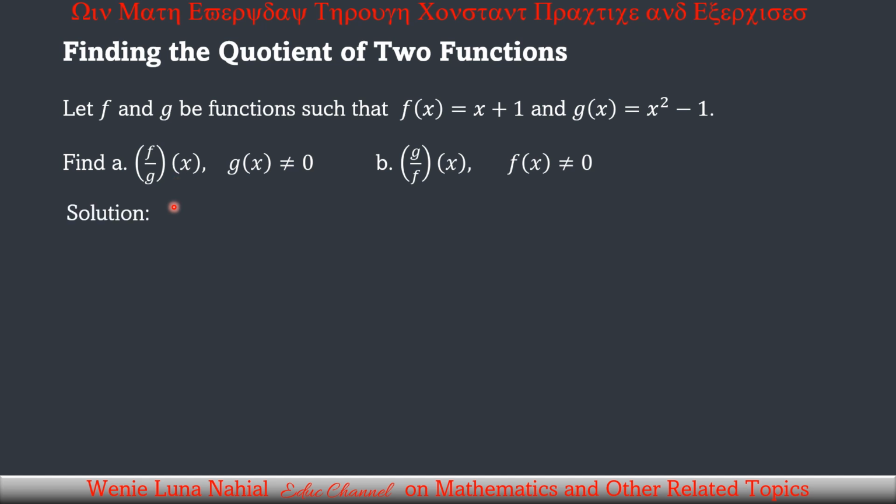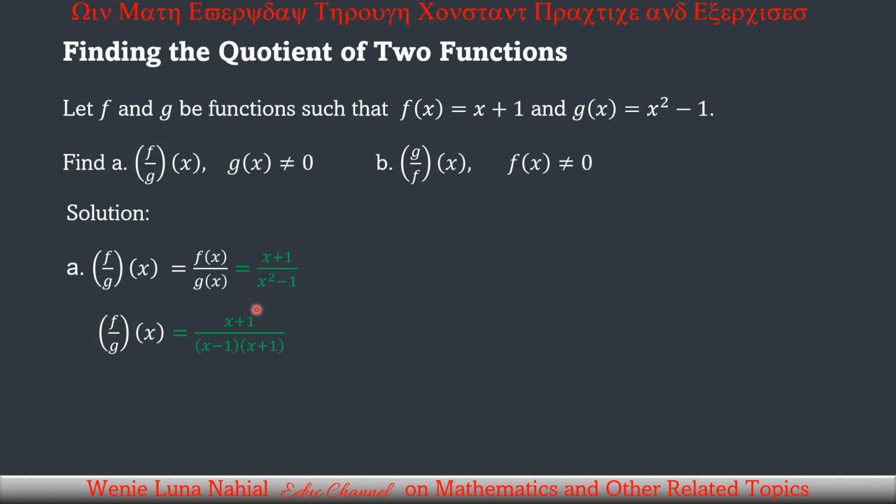Okay, for the solution, we have here f over g of x is equal to f of x over g of x. Remember the restriction here that this g of x is not equal to 0 because this becomes undefined. We substitute f of x by x plus 1 and g of x by x squared minus 1. Then this x squared minus 1, the denominator, has factors x minus 1 and x plus 1.